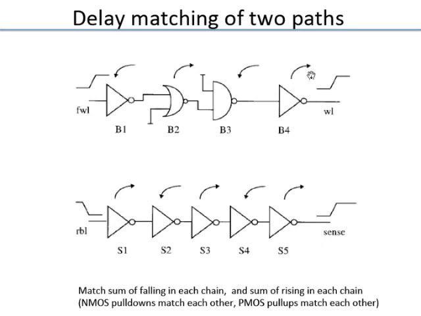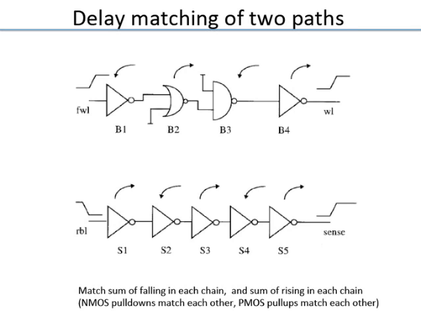When this rises, the output of B1 falls, output of B2 rises, output of B3 falls, output of B4 rises. That delay has to match the situation where output of S1 rises, output of S2 falls, S3 rises, S4 falls, S5 rises. So now you have two things you want to match.